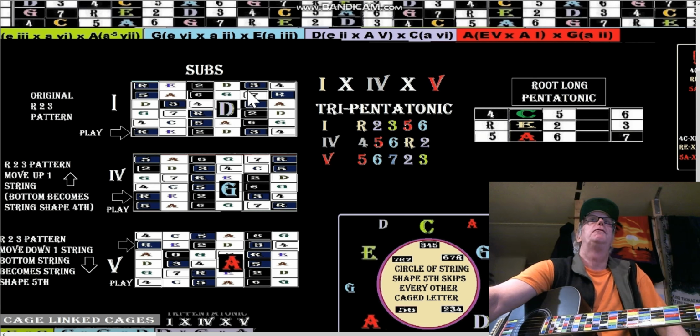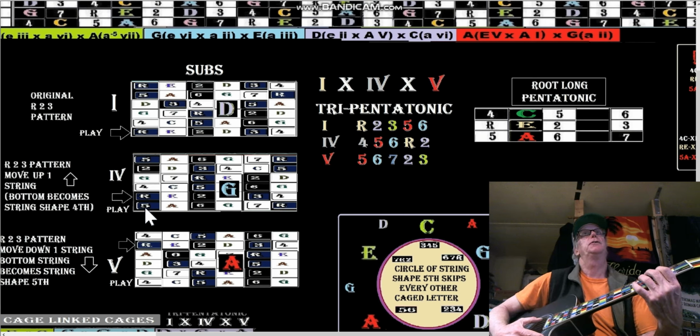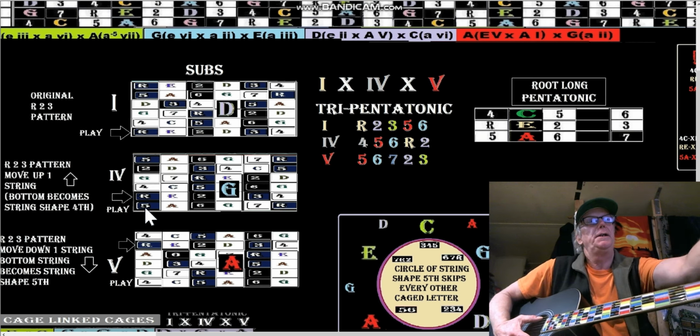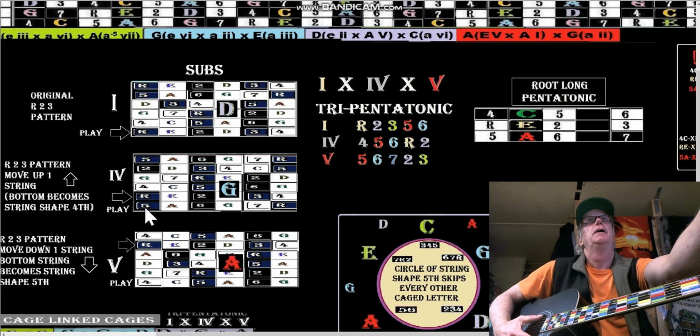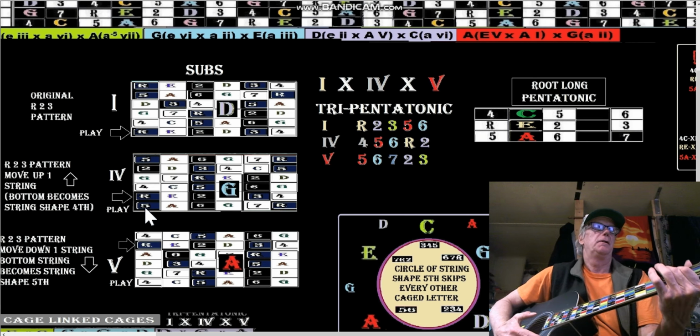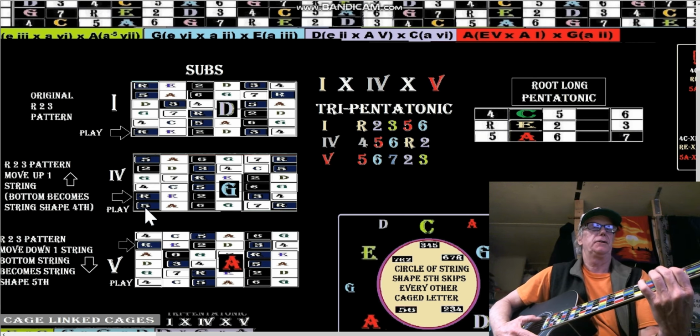When we go to the fourth, we're actually playing the fifth on the bottom string. 5, 6. So here's what the bottom string goes: the 1 just goes, and then the 4 just goes 5, 6, and then the 5 just goes 5, 6 out.